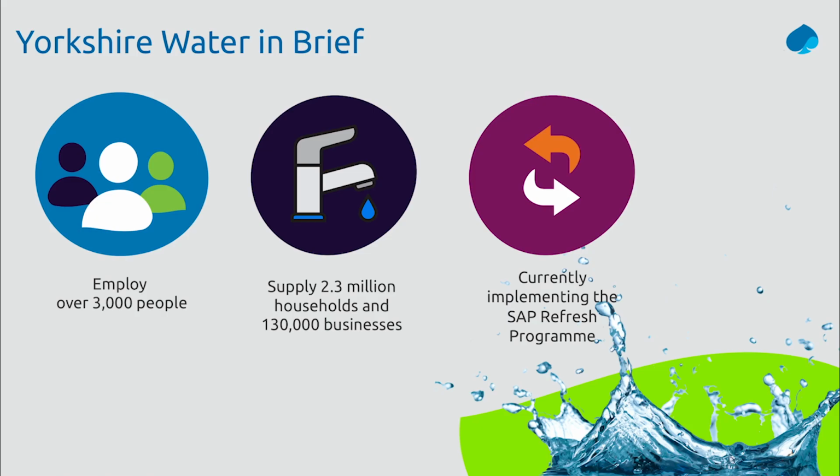So the client, Yorkshire Water, employs over 3,000 people. They supply water to 2.3 million households and roughly 130,000 businesses. They are currently going through an SAP implementation and refresh program, and that's where this program comes in.